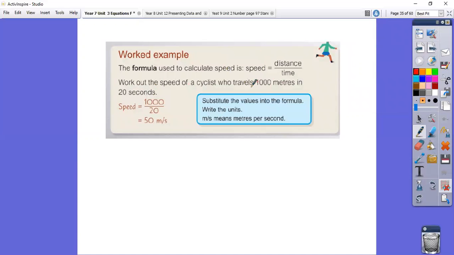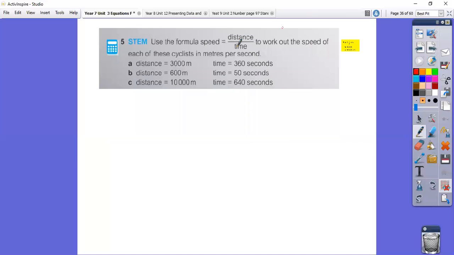You have the worked example here, and then you need to follow the example and apply those methods to question 5. It gives you the formula: distance divided by time, to work out the speed of each of the cyclists in meters per second.